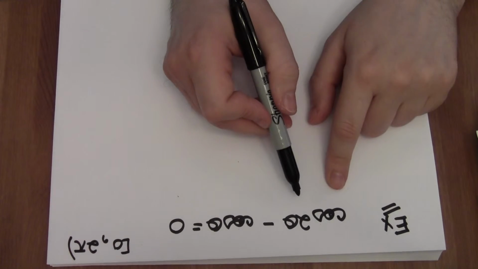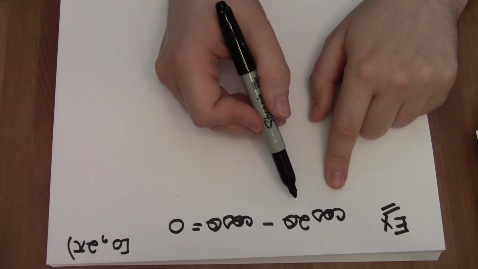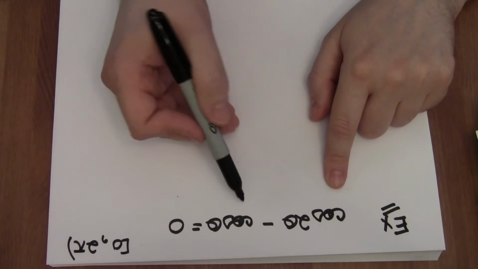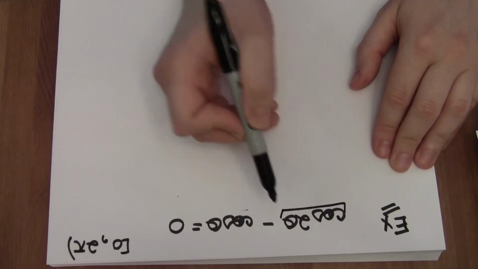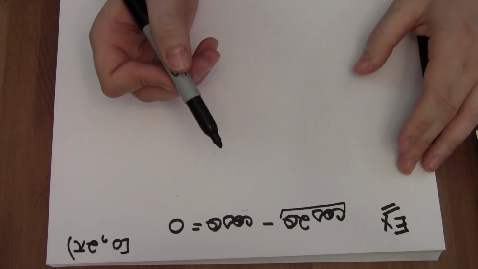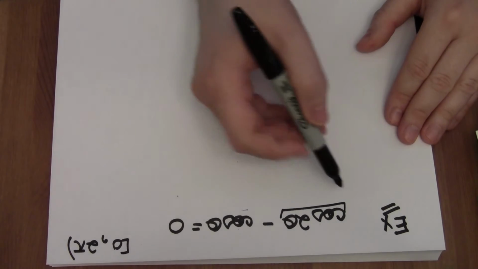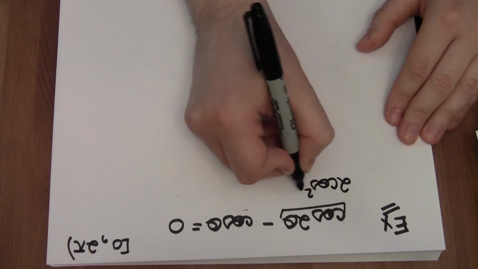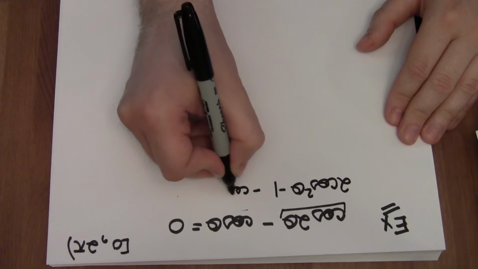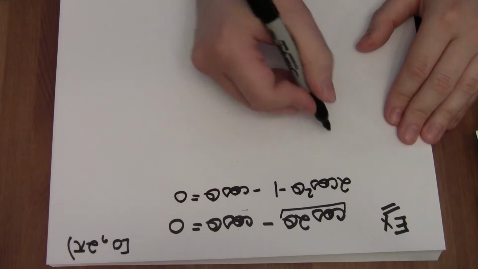Well, I can replace this cosine of 2 theta with one of my cosine double angle formulas. Since I already have a cosine in my problem, I'd rather replace this with the one that just uses cosines rather than one involving sines, because then I'll just have one trig function in my equation. This gives me 2 cosine squared theta minus 1 minus the cosine of theta equals 0.